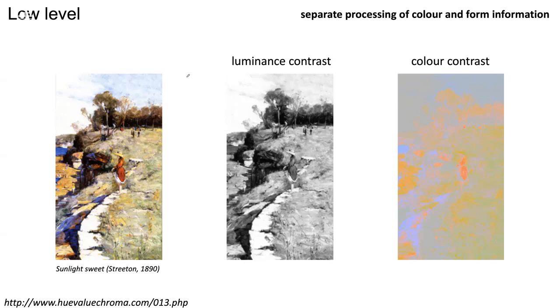On the right-hand side, with some digital tricks, of course, because that's not particularly obvious, we only see color contrast. So all luminance differences between the colored surfaces disappeared in the right panel. So it's only color contrast.